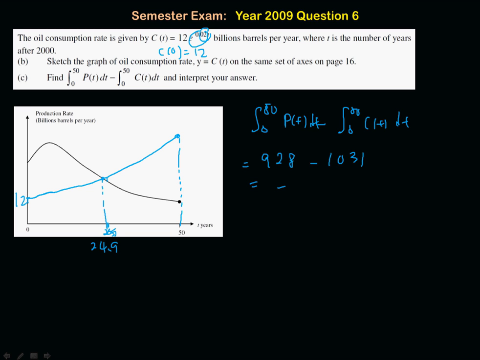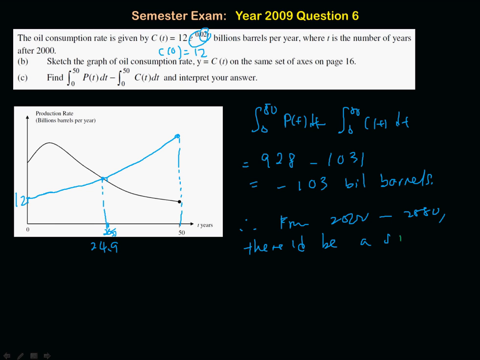So the answer is negative 103 billion barrels. Oh, this is a problem, isn't it? So interpret the answer: from 2000 to 2050, there will be a shortage.